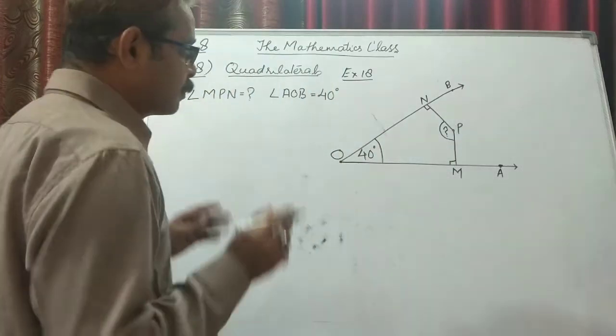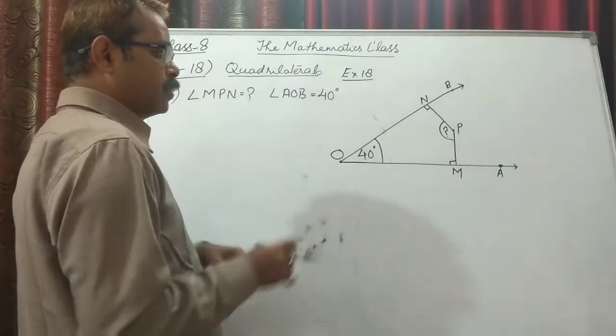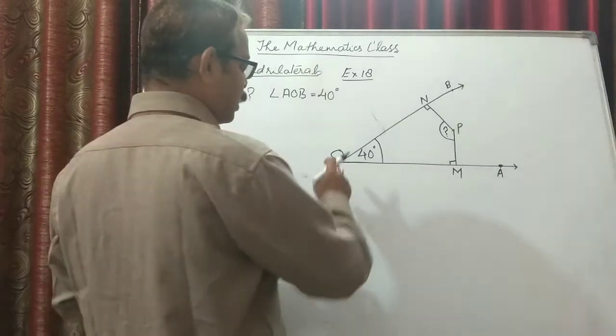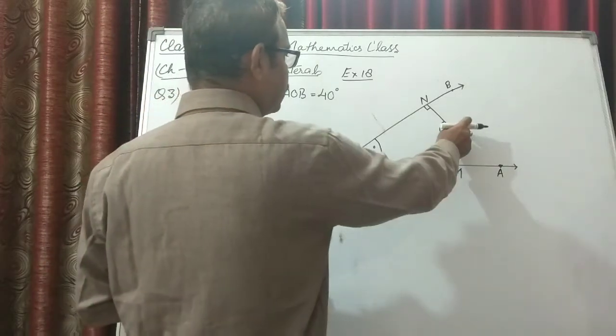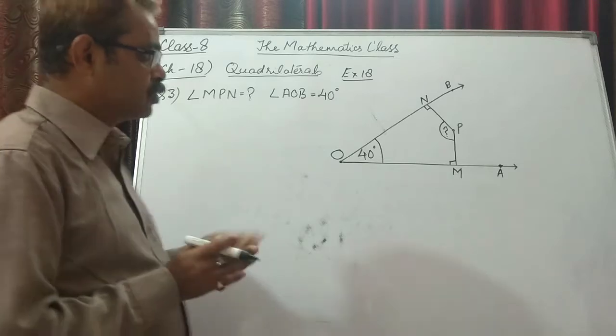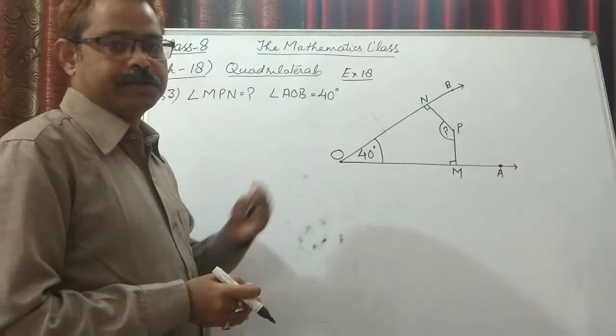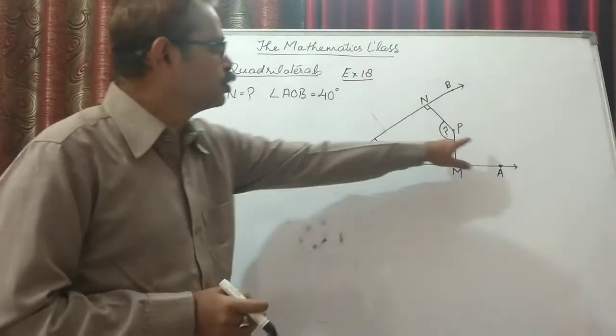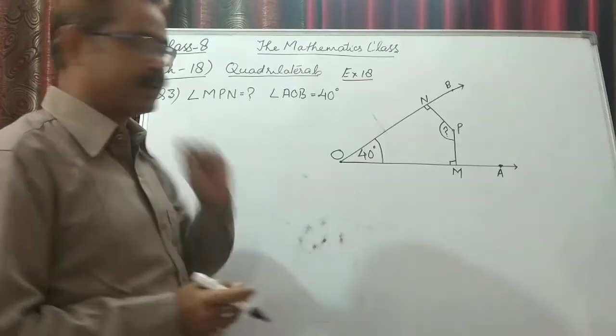Now if you look at this figure, you can make out OMPN acts as a quadrilateral. Why? Because it is a closed figure which is bounded by 1, 2, 3 and 4 straight lines.